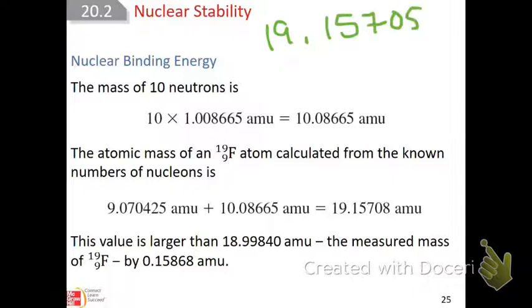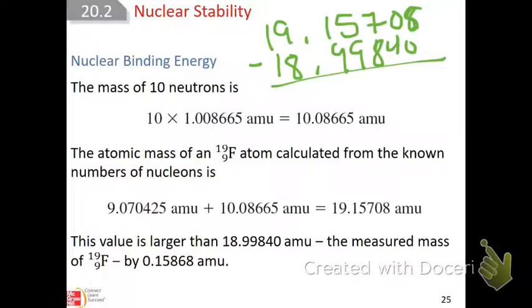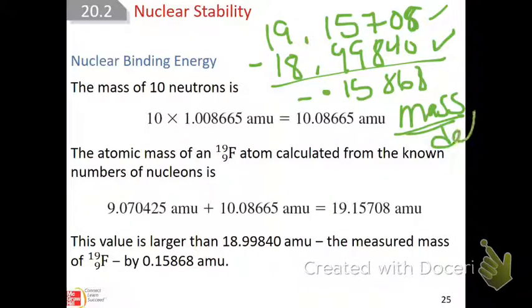I got 19.15705, minus 18.99840, and I'll use her number there, is 0.15868, and it's actually negative because this is how much it actually is, and this is what it should be. This is called the mass defect. That's the difference between what it actually is and what it should be. Where does that mass go? That mass gets converted into energy.